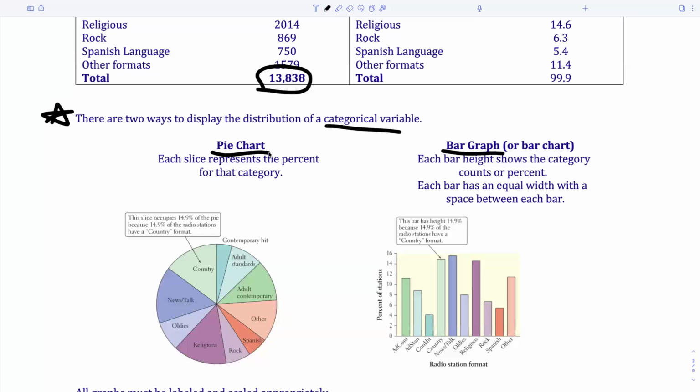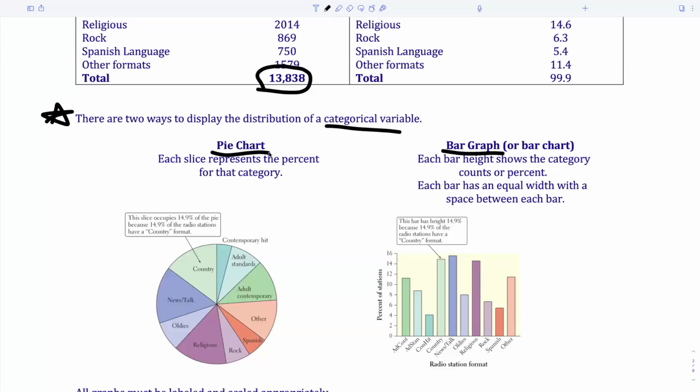The difference is, number one, the types of variables that they measure. Okay, bar graph is only for categorical. Histogram is useful for showing large data sets of quantitative variables. But what I was looking for here, what do you notice about the bars in a bar graph? Don't overthink it.